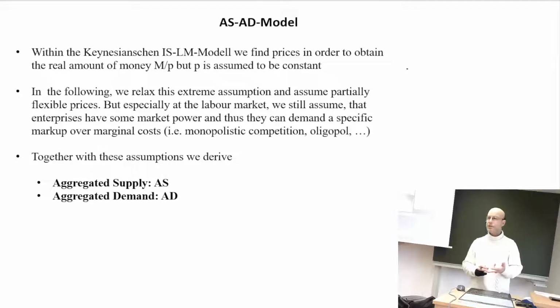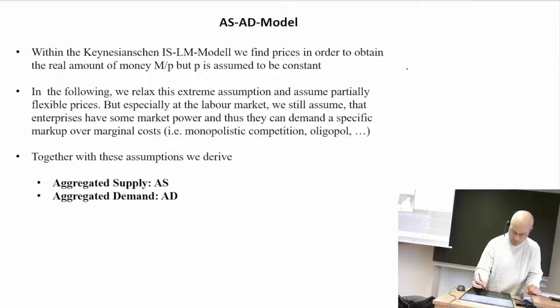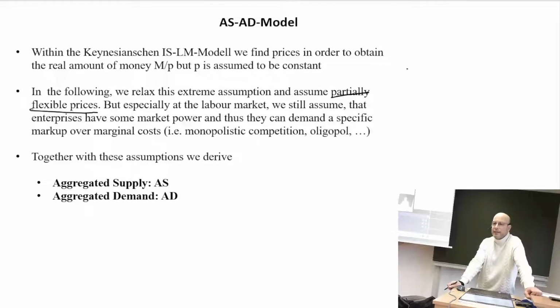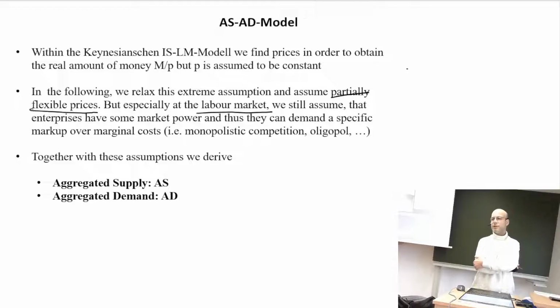Now we inserted also the money market and interest rates, but still prices were fixed, and therefore now we want to relax this assumption, and we want to assume that we now have partially flexible prices. Well, we won't assume in this stage that prices are totally flexible, because still we have the argumentation that especially in the labor market there are some price rigidities, that this adjustment process from full competition and perfect markets we do not see in practice.